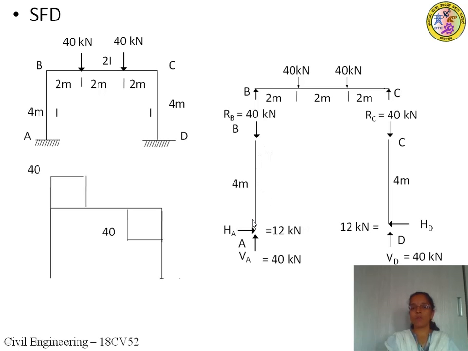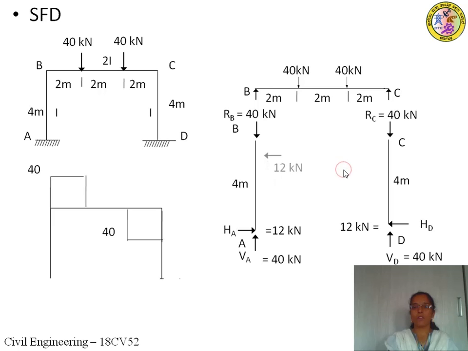So for vertical members you have to consider the horizontal forces because these are the shearing forces. For horizontal member, vertical forces are the shearing forces, and for vertical member, horizontal forces are the shearing forces. Okay, so HE and HD are the shearing forces for member AB and CD.